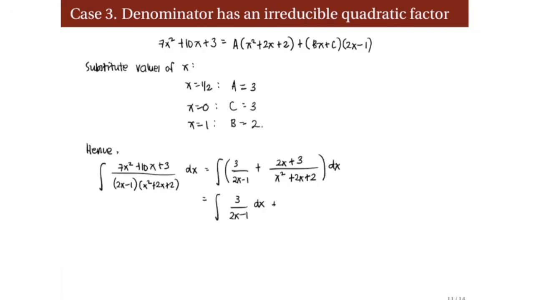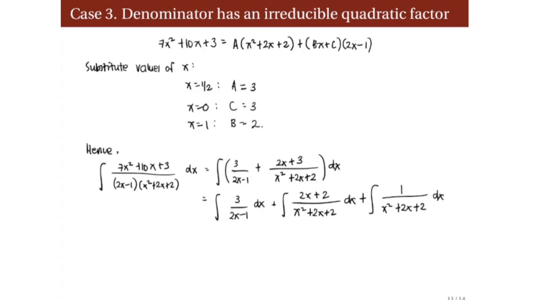So, since may 2x ako dito, kailangan ko lang ng 2 kasama niya. So, ihiwalay ko yung isang sobra. So, that is, for this case, meron akong integral ng 2x plus 2 all over x squared plus 2x plus 2 dx kasi magsasubstitute ka na lang dito sa part na yan plus yung sobrang 1 over x squared plus 2x plus 2. Ito yung mas magiging problema for that case.